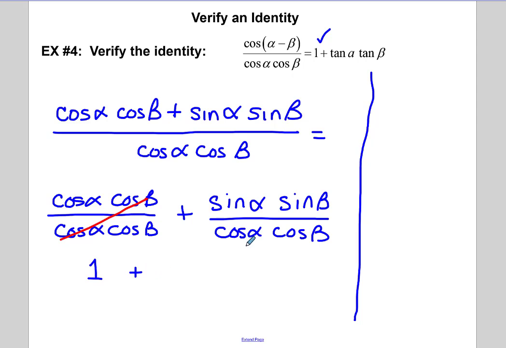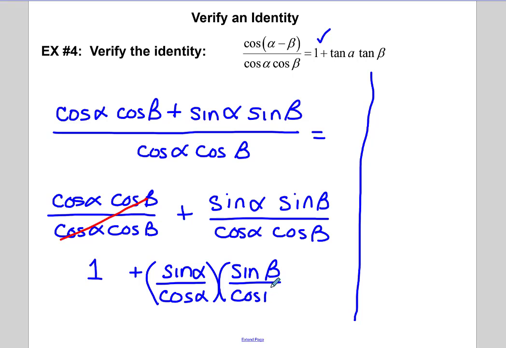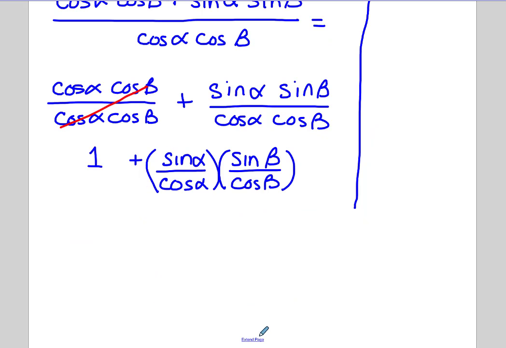And then I want to break these apart and make it become two separate terms, since we have a sine and a cosine for the alpha angle. Could group those together, and then a sine divided by cosine using the beta angle. And that's going to give us what the right side had.